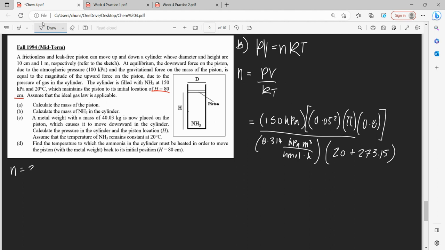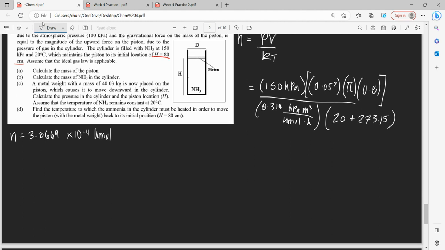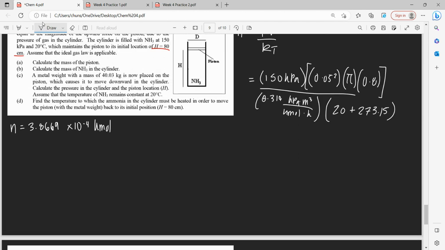And this gives us 3.8669 times 10 to the negative 4 kilomoles. Okay, so now that we have our moles, we can use our molar mass equation to find out the rest. Where our molar mass is equal to our mass over our moles, we can rearrange to isolate for m, our mass, which is equal to our molar mass times our moles.